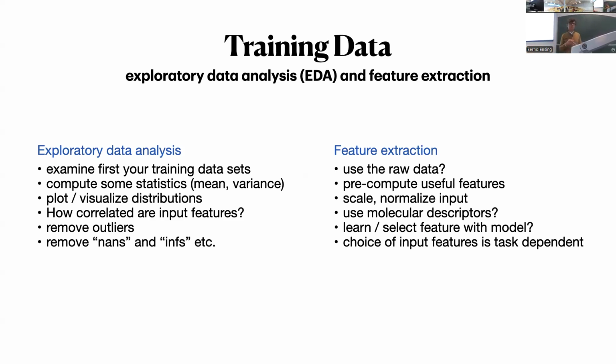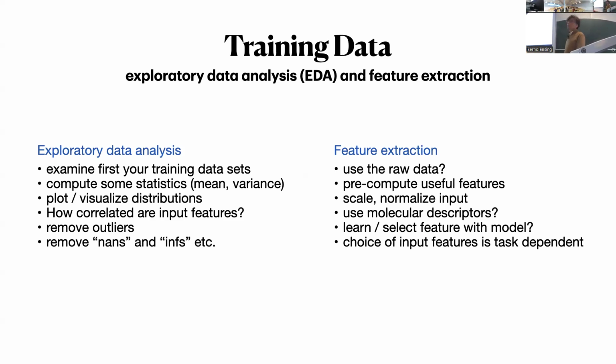Then it's good to know in advance if some of these things are actually correlated, because then adding an extra input feature may not be so useful if it's very correlated to some of the other ones. Often there are outliers, so check if you don't have anything weird in your data.